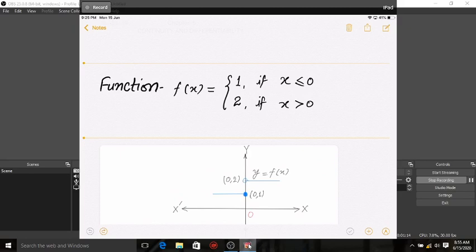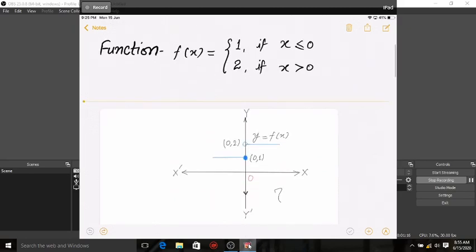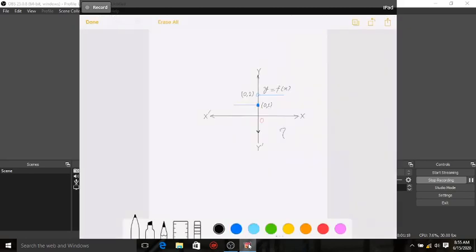Now we are going to draw the graph of this function. The value of the function is 1 if x is less than or equal to 0, and if x is greater than 0, then the value of the function is 2. You can see the graph here.